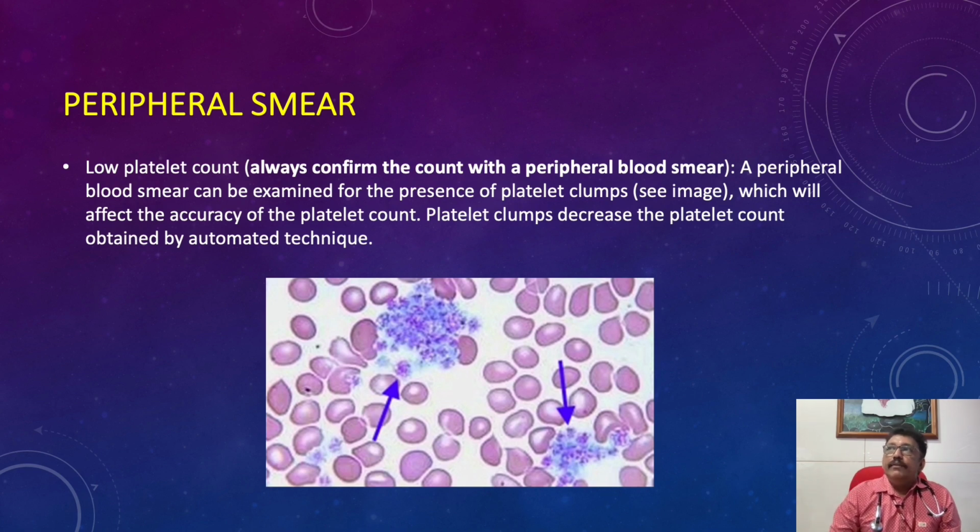So whenever we have thrombocytopenia on an automated machine, we have to always ask for a peripheral smear by an expert pathologist. That will give the exact platelet count. That is very, very important in clinical practice. So, never depend only on the automated machine platelet count. Whenever we suspect thrombocytopenia, at least initially we have to ask for a peripheral smear, and the exact count will be given by the pathologist.